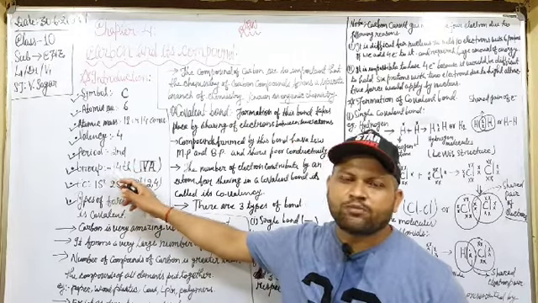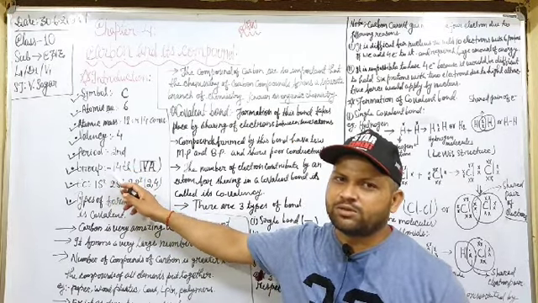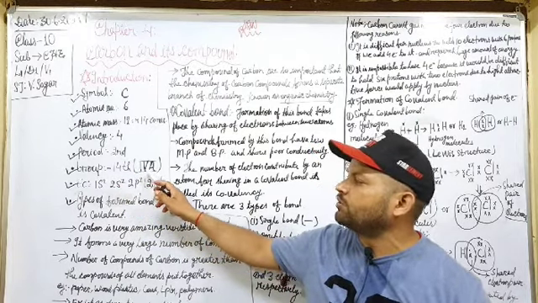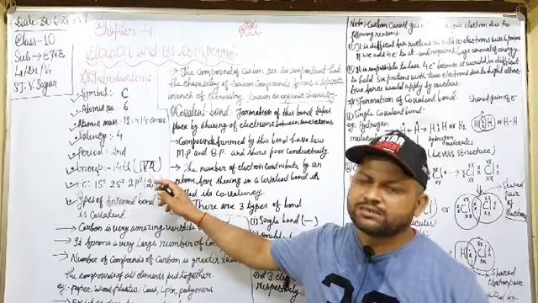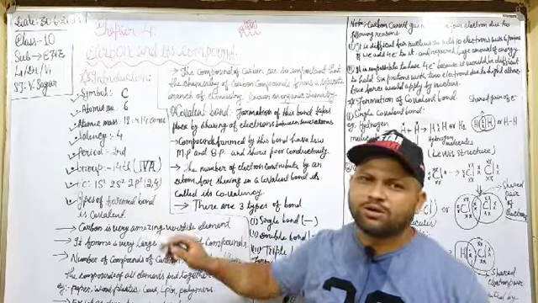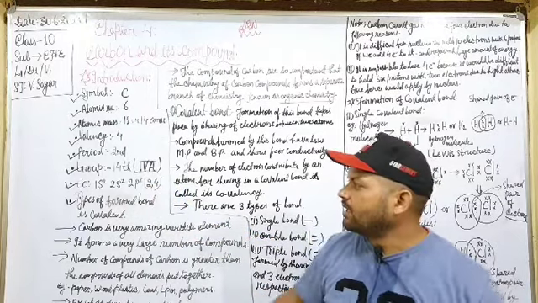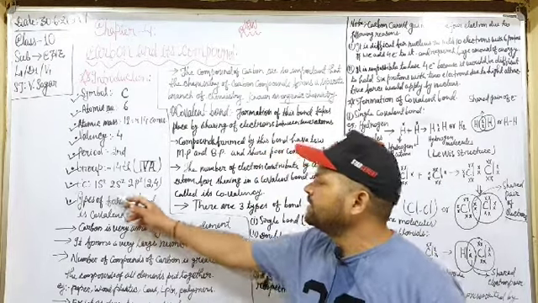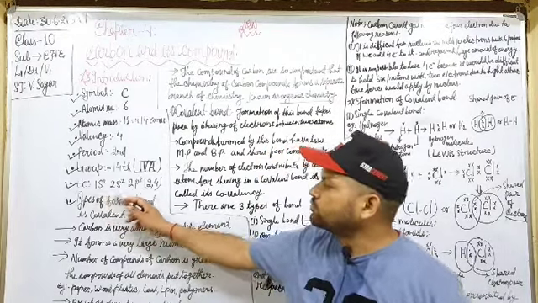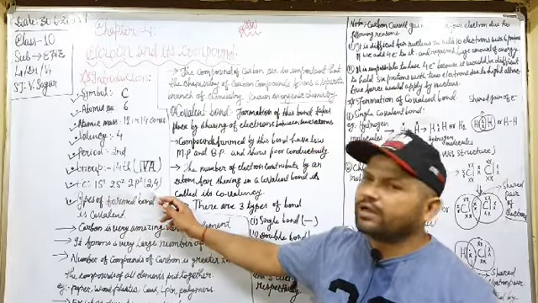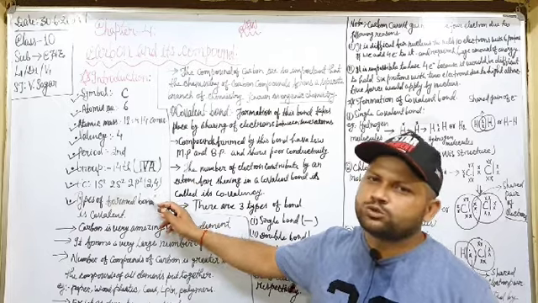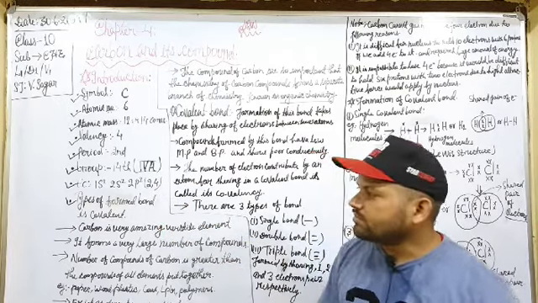It belongs to the 14th group of the periodic table, so we can say it belongs to group 4A. The electronic configuration of carbon is written as 1s2, 2s2, 2p2, and in orbital form it can be written as 2, 4.